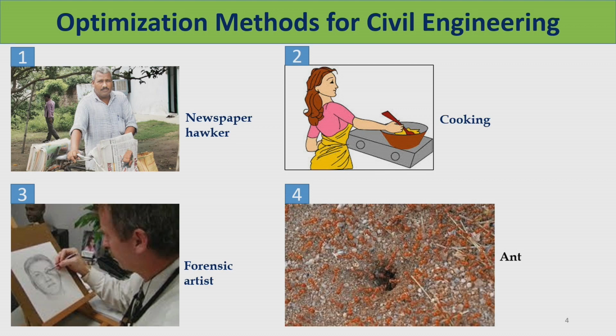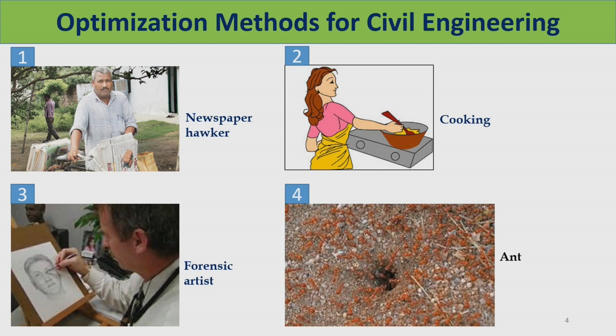That means, he is trying to minimize his distribution time. The second one, what the lady is doing, the lady is trying to prepare a recipe and what best result she is expecting, that taste. So, basically she is trying to optimize the taste.